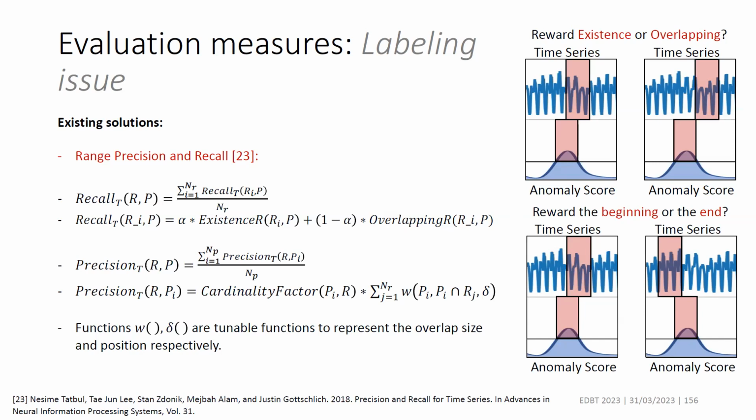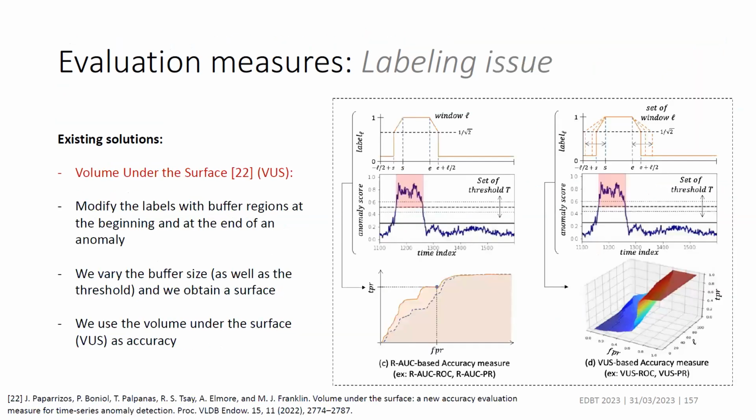So we also proposed another kind of measure, which is called volume under the surface, also in VLDB 2022. In this case, the philosophy is a little bit different. We don't have any parameter. We know that some methods might detect a little bit earlier or a little bit after, even though they are still detecting the same anomaly.